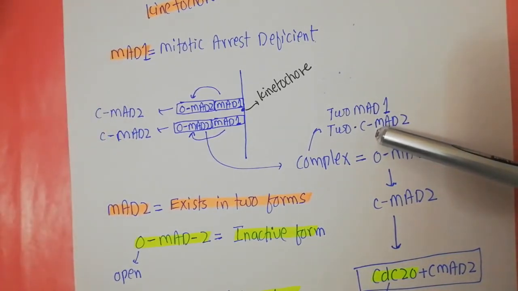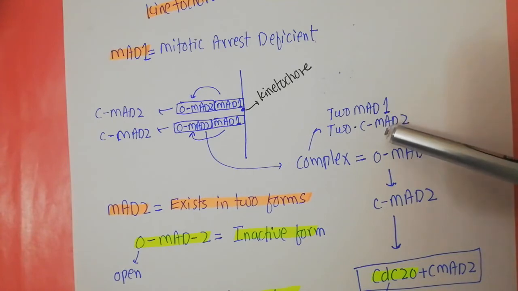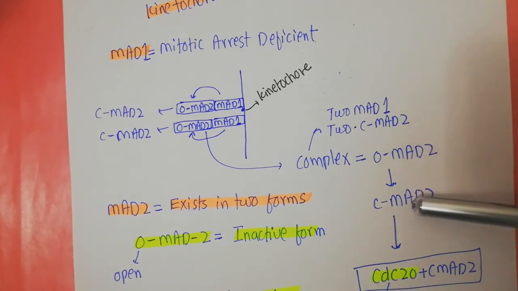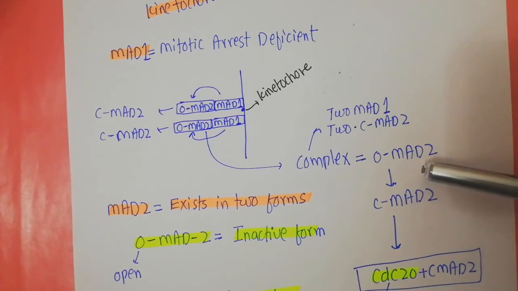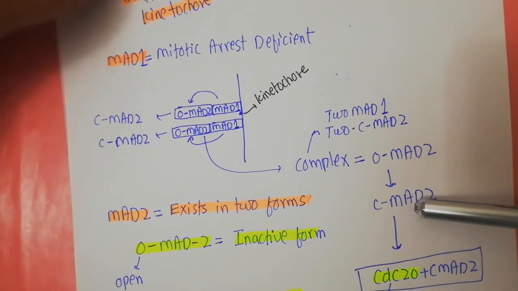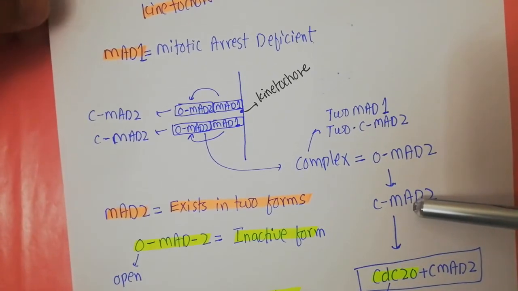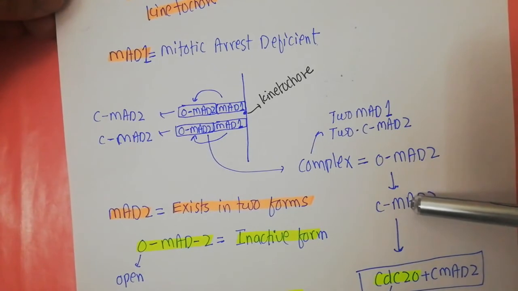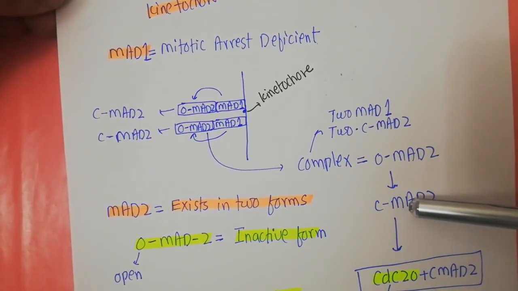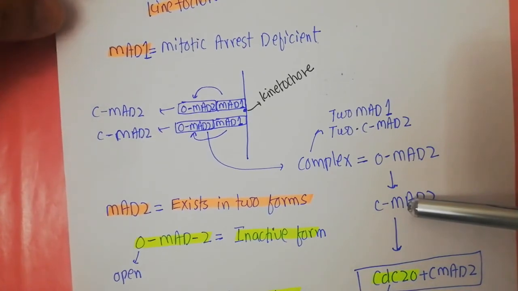Now this particular complex containing 2 MAD1 and 2 C-MAD2 goes on to convert all of the MAD2 available in the cell into the C-MAD2. That means all of the inactive form of the MAD2 protein is going to be converted into the active form. Now when the C-MAD2 is activated, this C-MAD2 is actually going to stop the cell cycle at the metaphase when there is even a single unattached kinetochore.